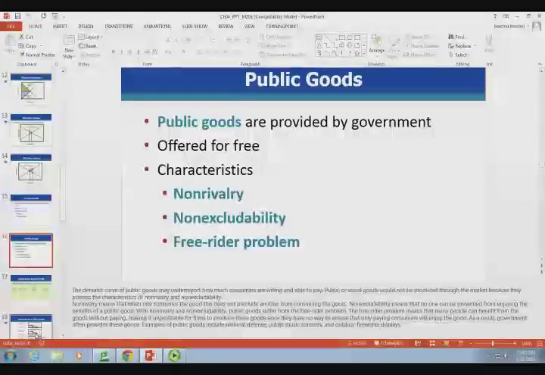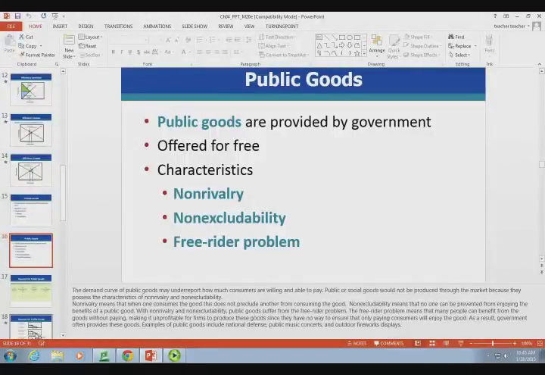You might get $400 out of visiting the park in utils, and I might get 0. Just for the fact that it's there, you're able to enjoy it. So a free rider is that there's no cost associated. We cannot calibrate the price.